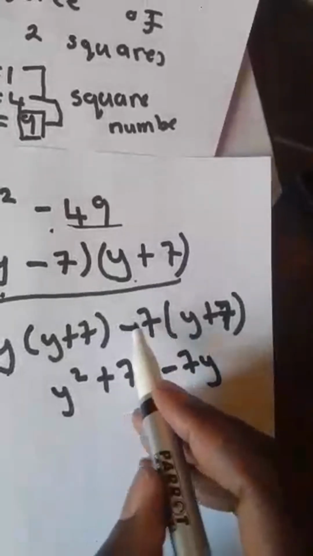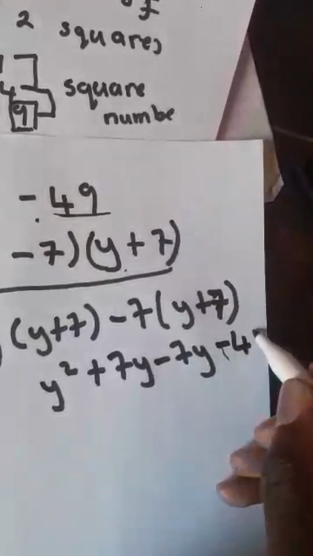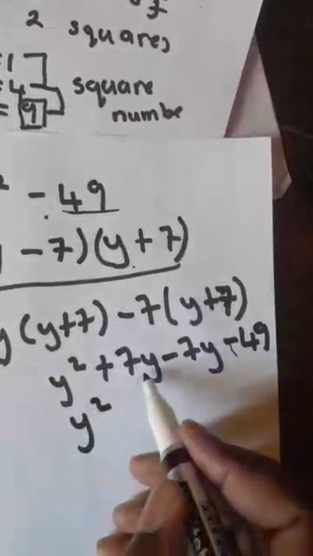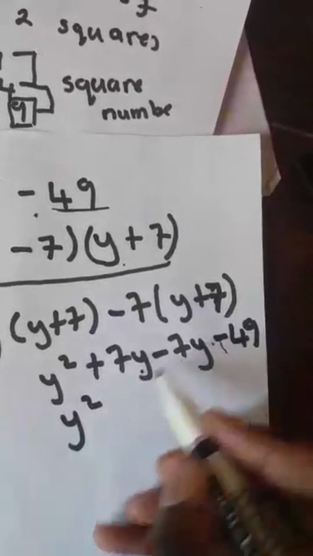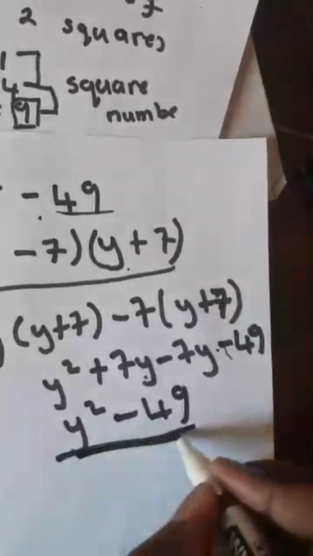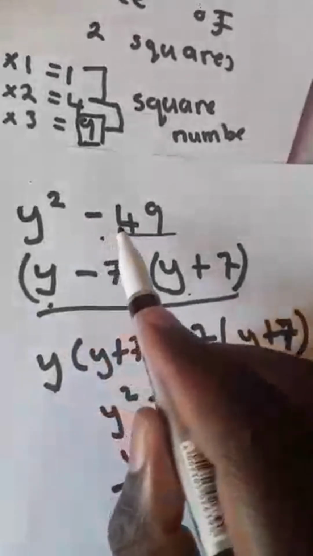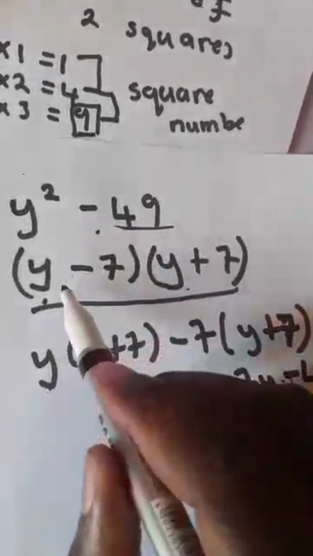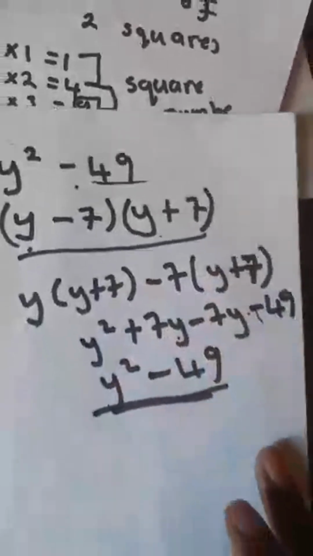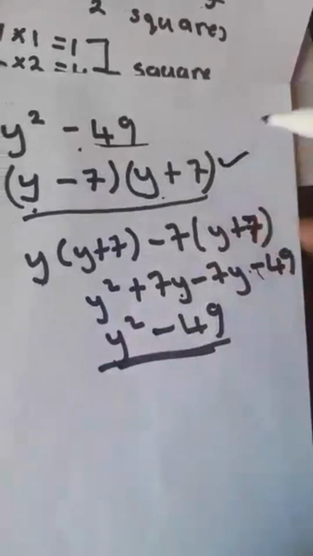Then minus 7 times plus 7, we get minus 49. So y squared, 7y minus 7y gives 0, then minus 49. So that's our answer. If we factorize y squared minus 49, we get y minus 7, then y plus 7.